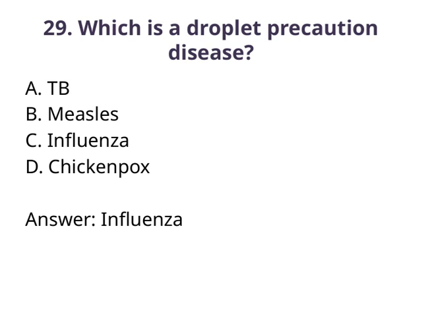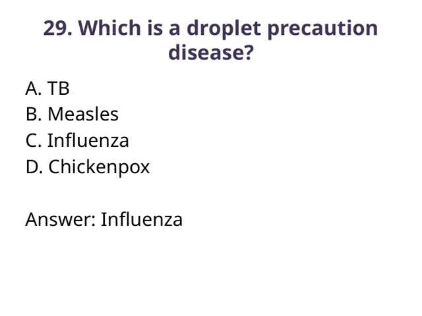When someone with the flu coughs or sneezes, those droplets can spread to others nearby. This is why wearing masks and practicing good respiratory hygiene are so important in preventing its spread. TB, on the other hand, primarily spreads through airborne particles, which require different precautions like negative pressure rooms.